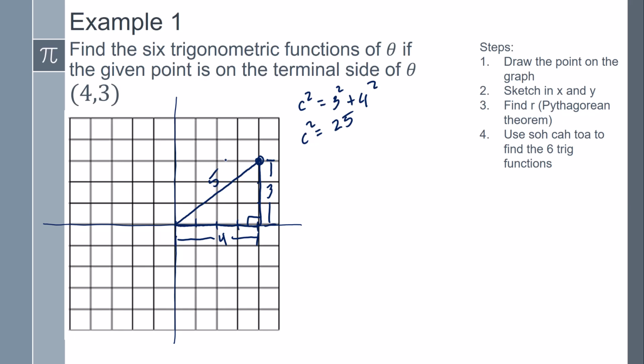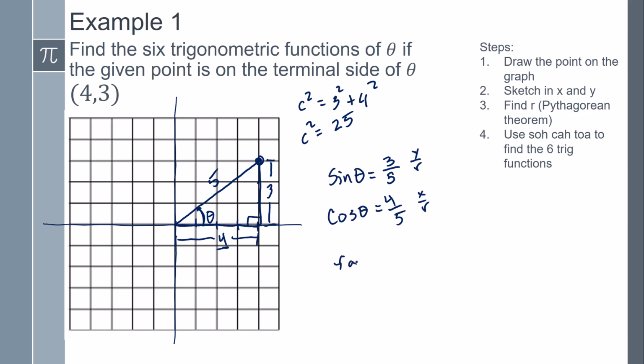Now that I have those values, we know that this right here is theta. That's my rotation. So the sine of theta equals opposite over hypotenuse, or y over r. The cosine of theta equals adjacent over hypotenuse, so 4 over 5, or x over r.